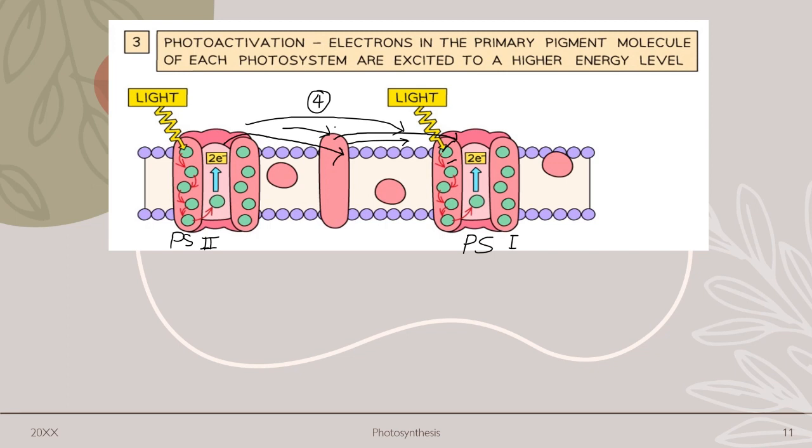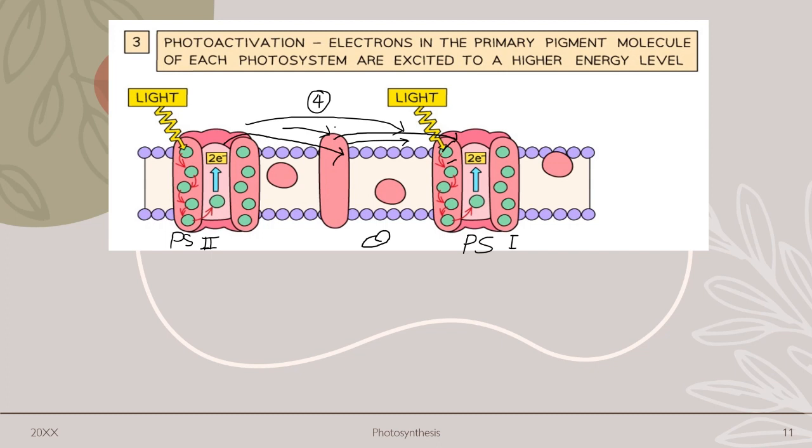The electrons are pumped back into the proton pump, and hydrogen ions are pumped from the stroma into the thylakoid membrane. The hydrogen ions then go into the ATP synthase enzyme, and chemiosmosis occurs.